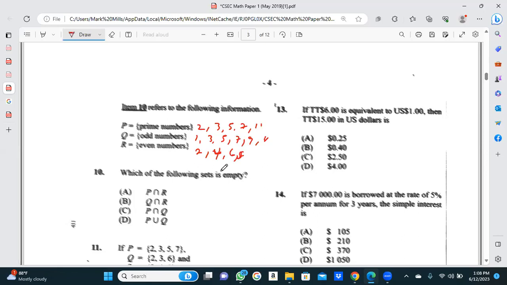Right. So they ask which one is an empty set? B. It'll be Q and R. Q intersect R, right? There's nothing in common here. So that means B. Q intersect R is the empty set. Agree?